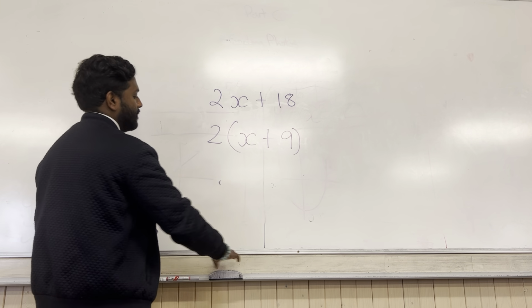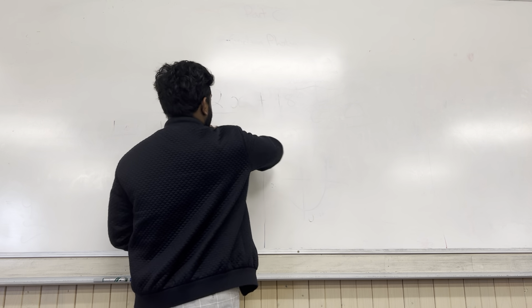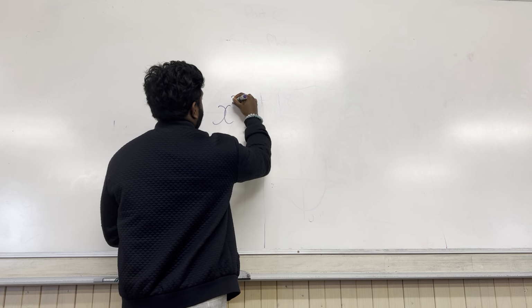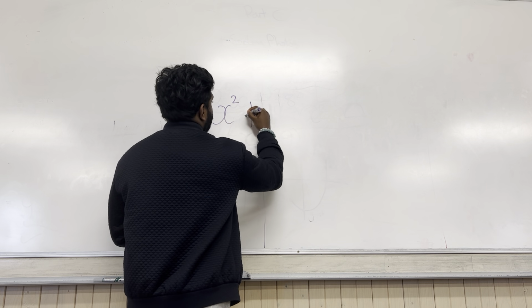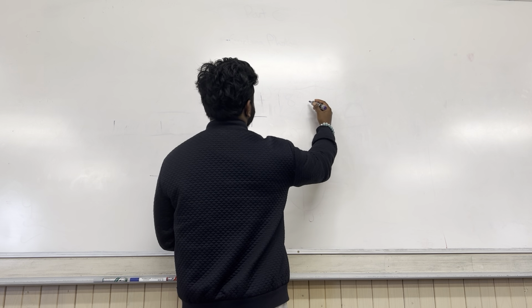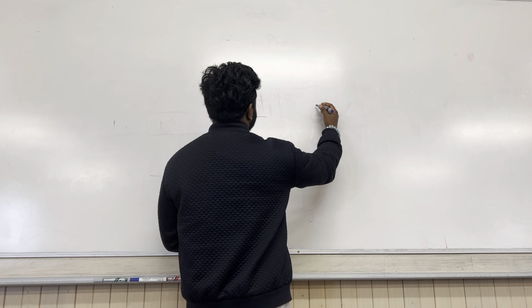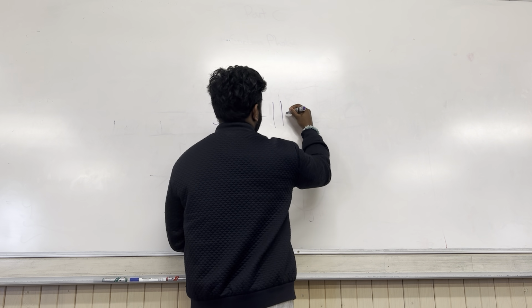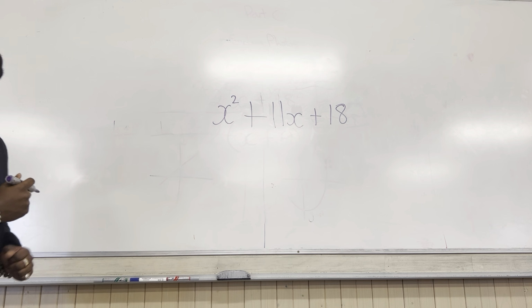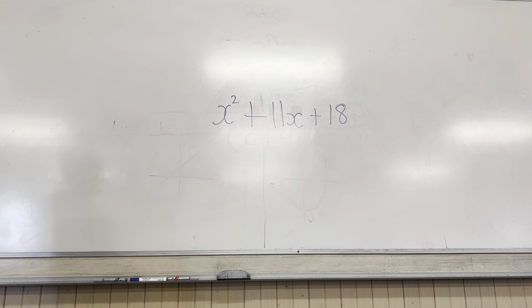Now, what about if I had x squared plus 11x plus 18? How do you factorize that?